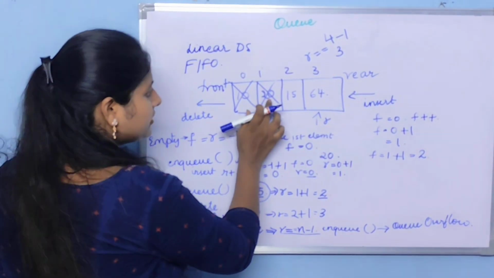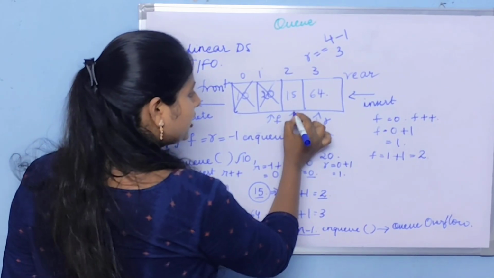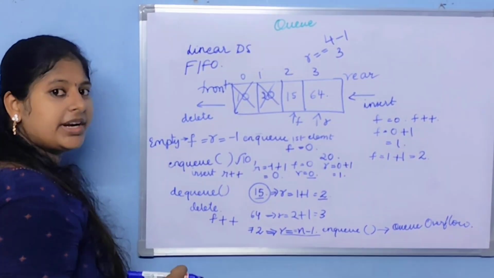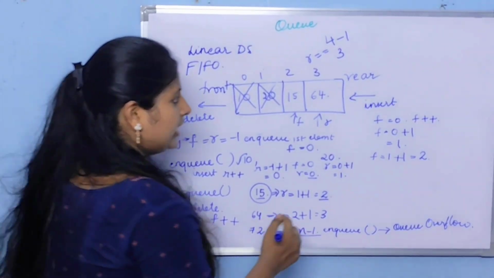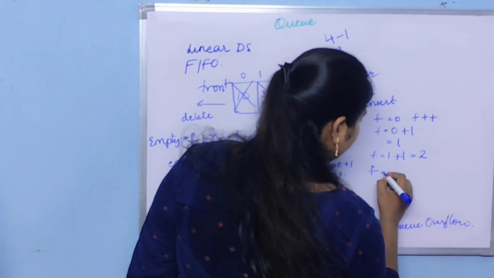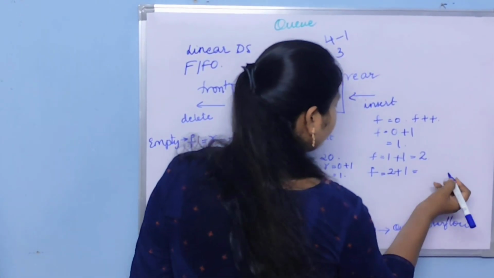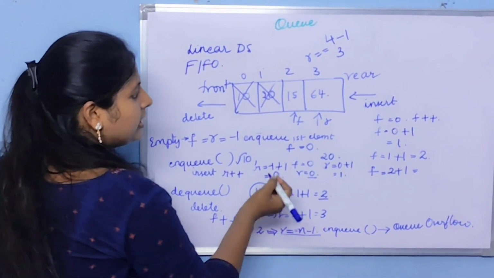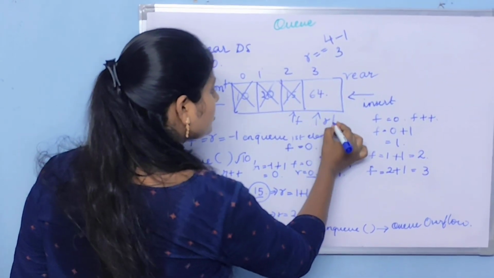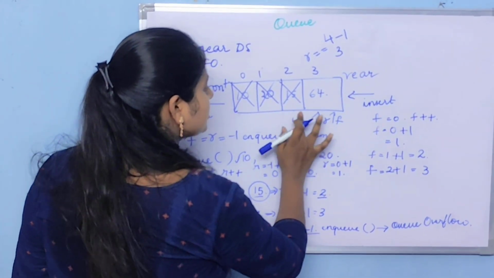So after deletion of this element, front is pointing to 2. Right? Then again I dequeue one more element. Front equals 2 plus 1. Then what is my front? 3. So after deleting this element, front equals rear, pointing to 64.